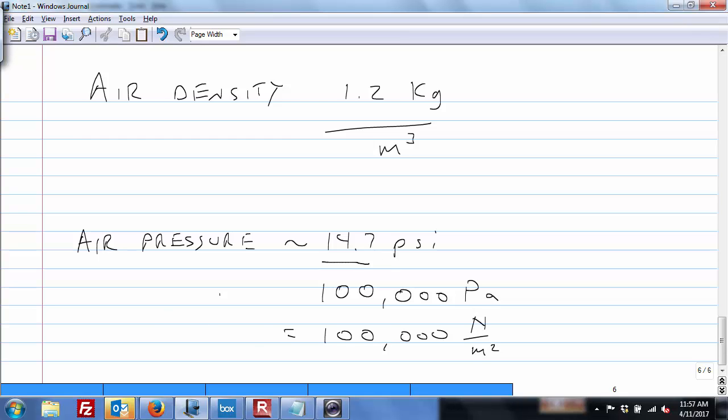So 14.7 psi is closer to 101 kilopascals. The thing to keep in mind there is that pressure in general acts the same in all directions.